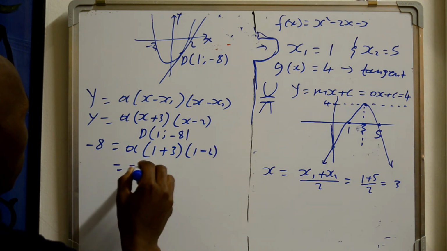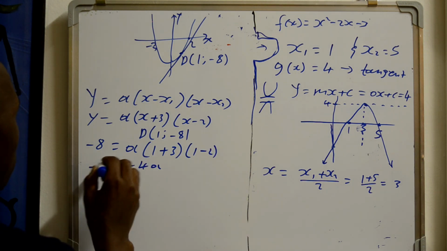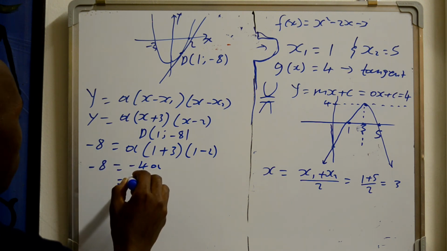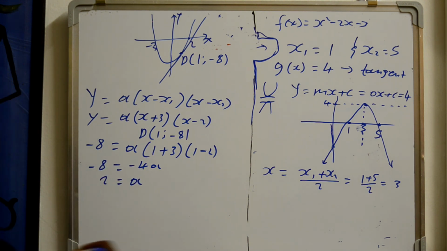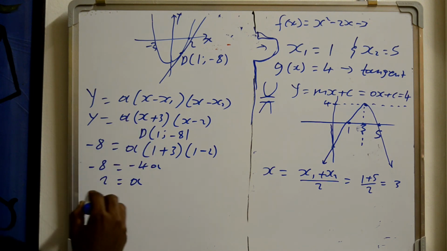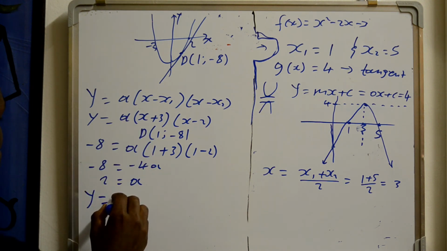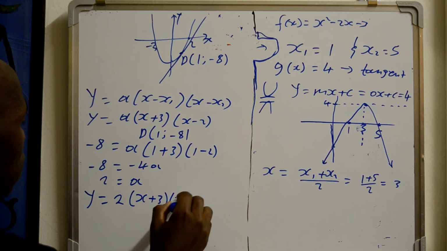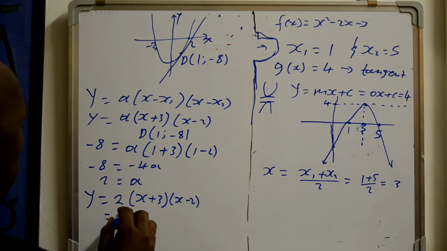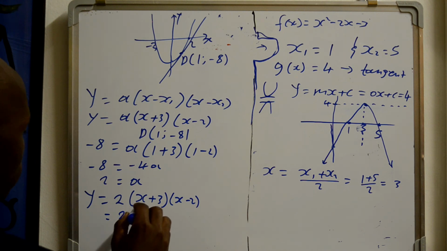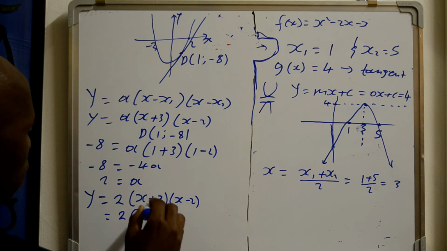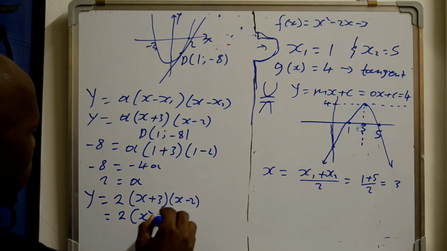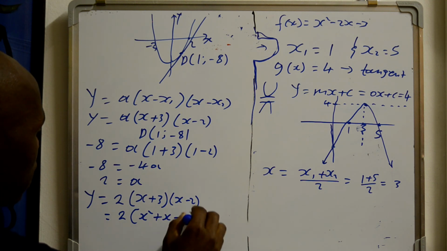So this will be -4a minus 8. Then your a becomes positive 2. Thatha lo a uzomfaka kule equation multiply pha, so this will be 2 into x plus 3 x minus 2 multiply pha x squared plus x minus 6.